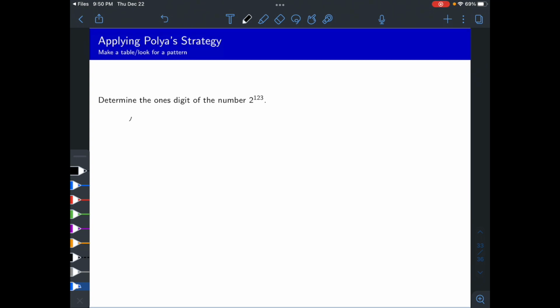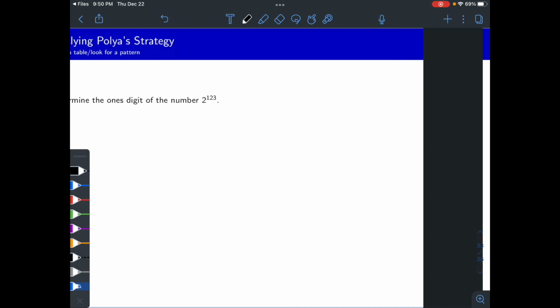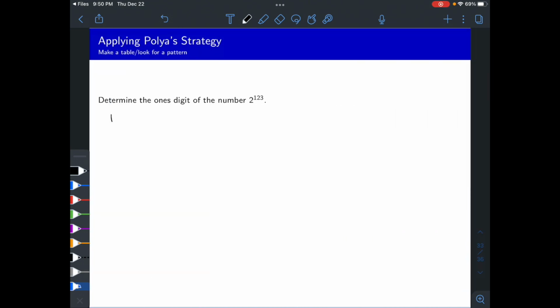So let's do a table of 2 to the n. Actually, let's make a table for the ones digit of 2 to the n for various powers n.